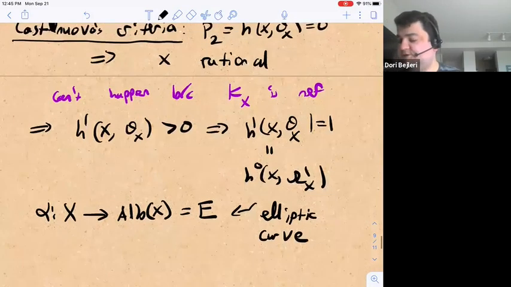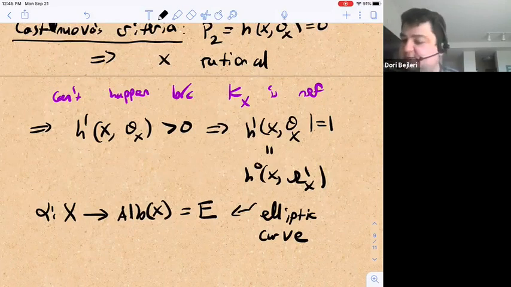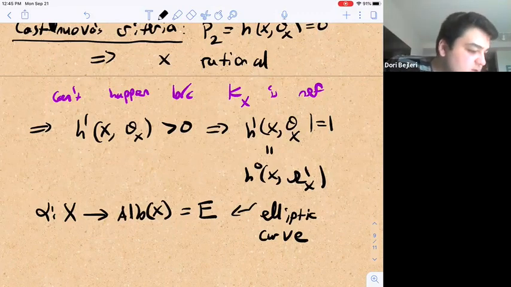And now the strategy will be to derive a contradiction from this alpha. So roughly the idea is to say, using the properties of this Albanese morphism, we'll show that in fact the canonical does have sections, and that's a contradiction because we assumed it didn't have sections.